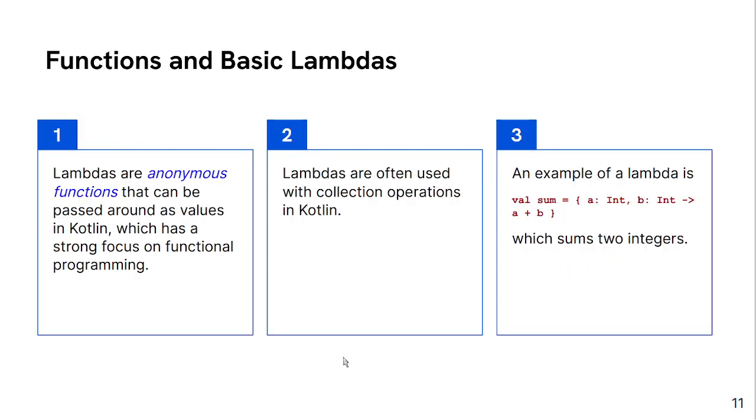Okay, so now let's talk about the lambda. Lambda calculus is interesting. So lambdas are anonymous functions that can be passed around as values in Kotlin, which has a strong focus on functional programming. Actually, lambda calculus comes from the field of functional programming.